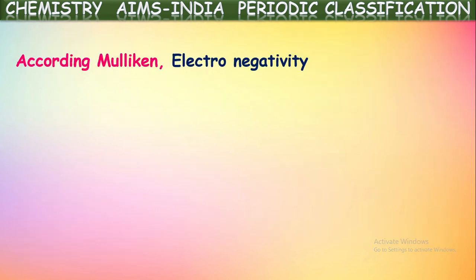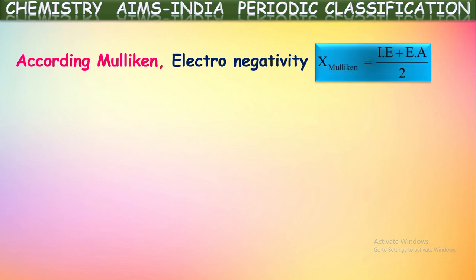So, according to Mulliken, electronegativity X is equal to the average of the ionization energy and electron affinity.